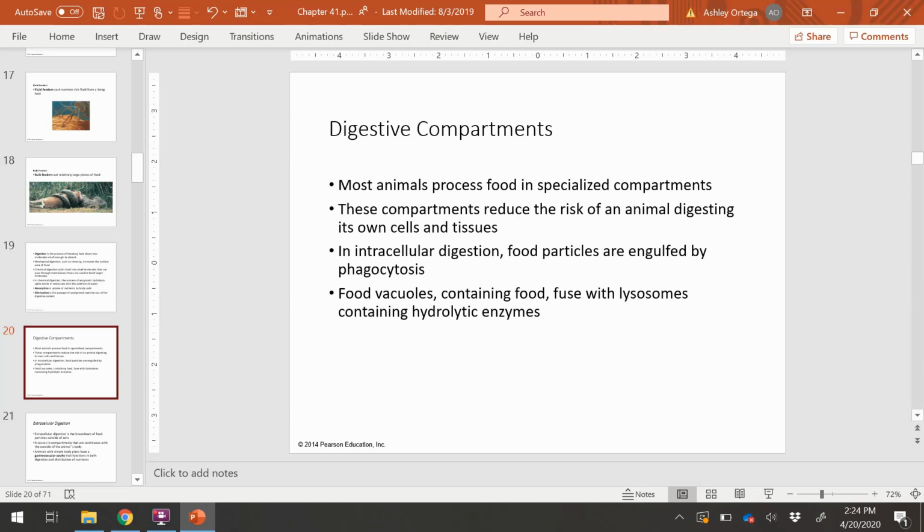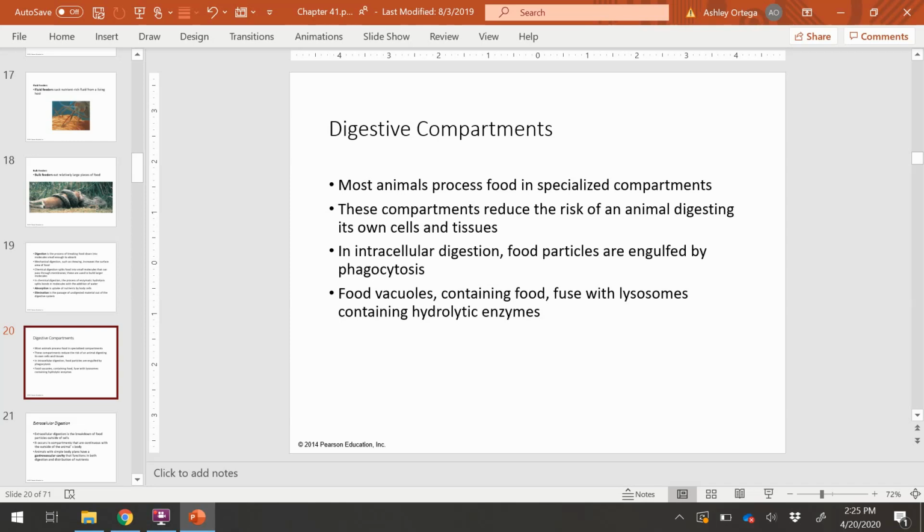So most animals process food in specialized compartments. This will reduce the risk of an animal digesting its own cells and tissues, and also help in getting all the nutrients out to all the cells of the body. And so looking at intracellular digestion, food particles are going to be engulfed by phagocytosis.